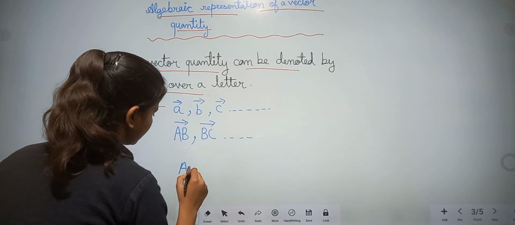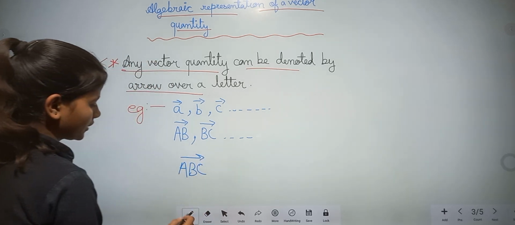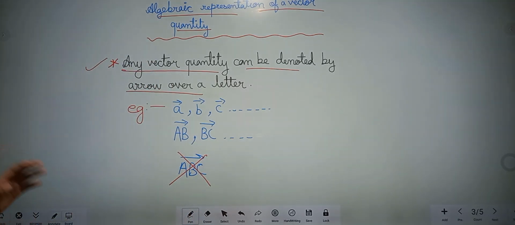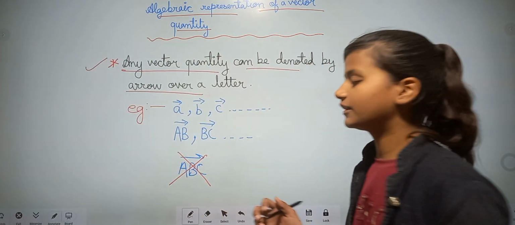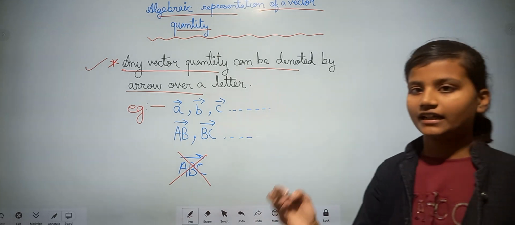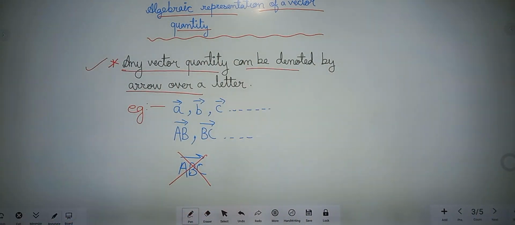But you never denote a vector quantity like this, because for a vector quantity we denote a minimum of one letter and a maximum of two letters. We can never denote it with three letters.